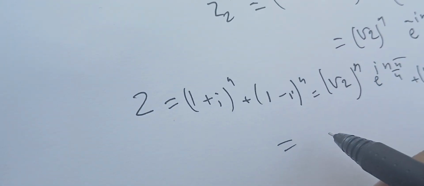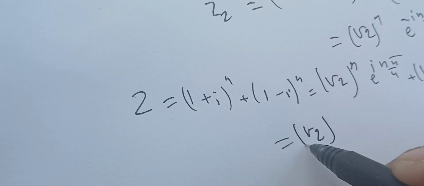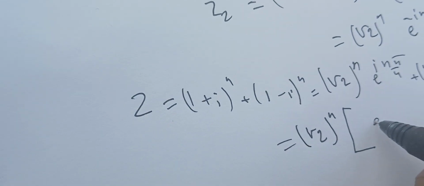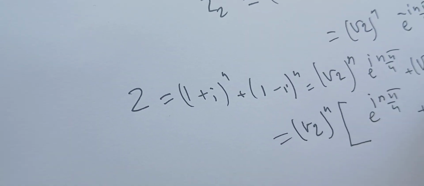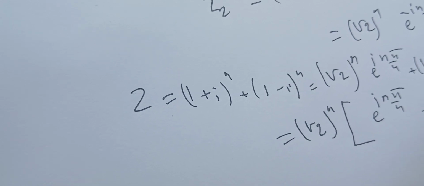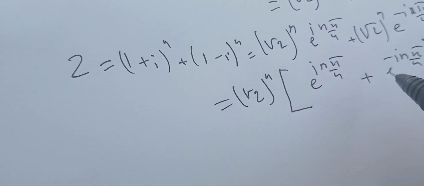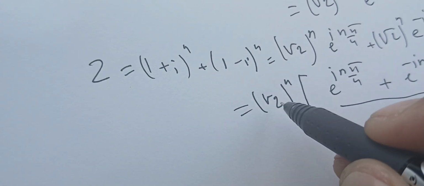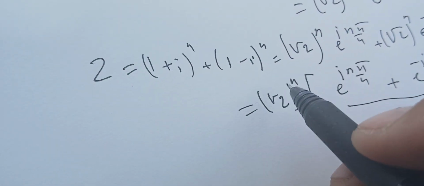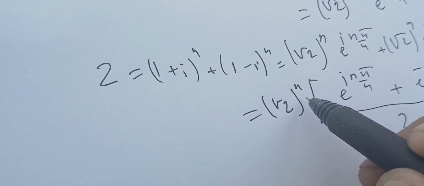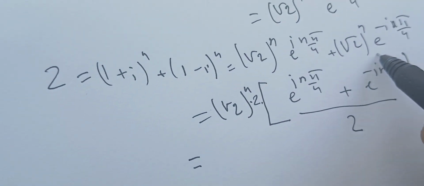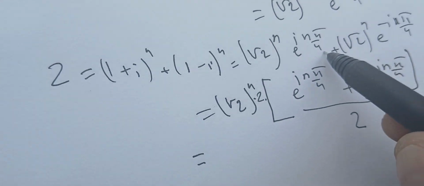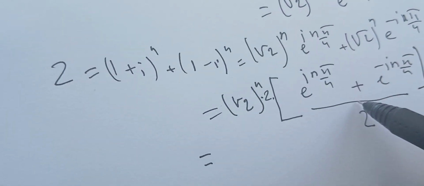We have this factor, square root of 2 to the power n, and e to the i n pi over 4 plus e to the minus i n pi over 4. If we divide by 2 and multiply by 2 here, what we get is the cosine of n pi over 4.